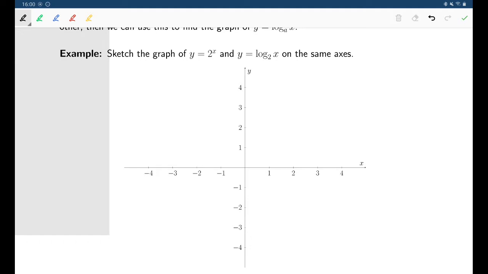For 2 to the power of x, we know the points that it goes through. It should go through 0, 1, 1 comma the base, which is 2, and negative 1 comma 1 over the base, which is negative 1 comma 1 half.